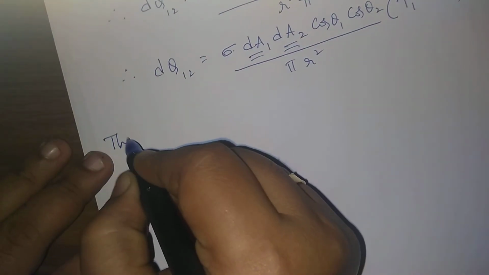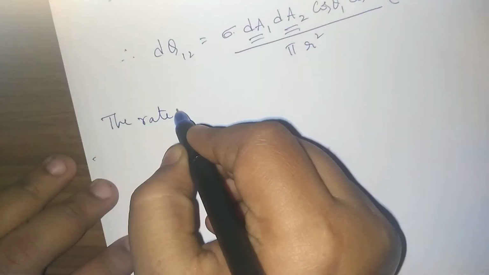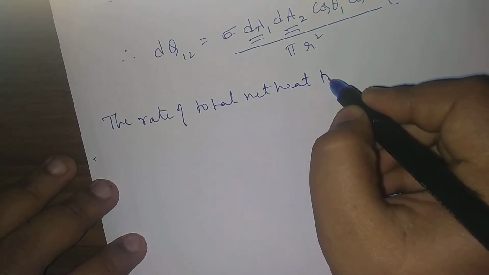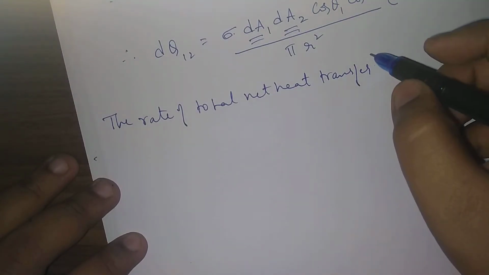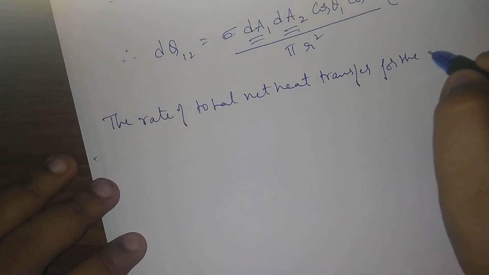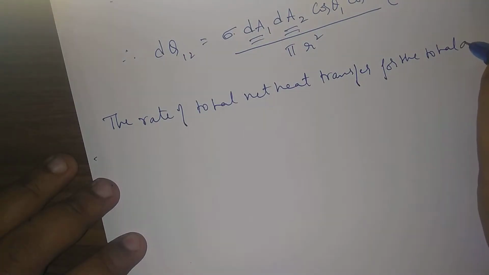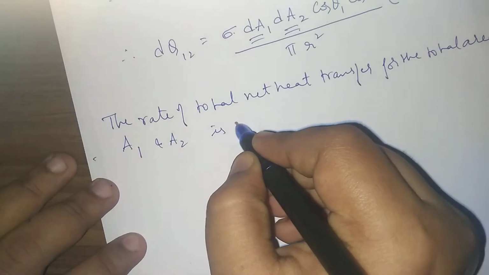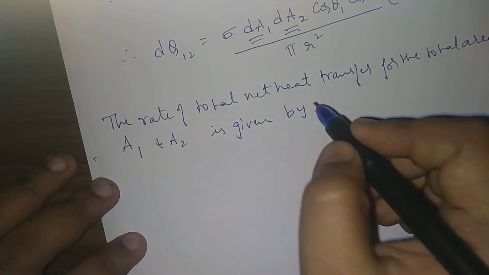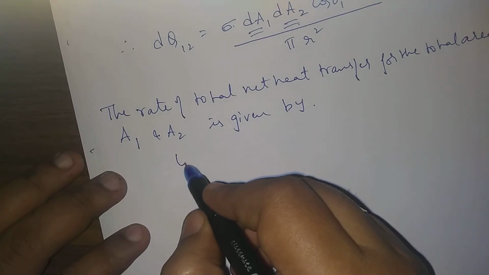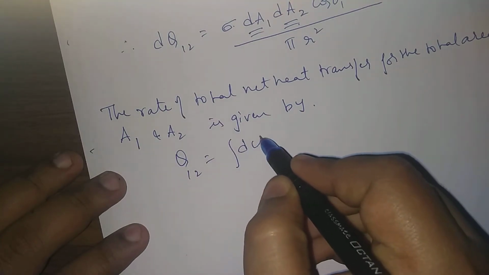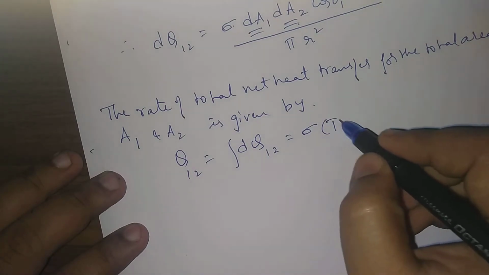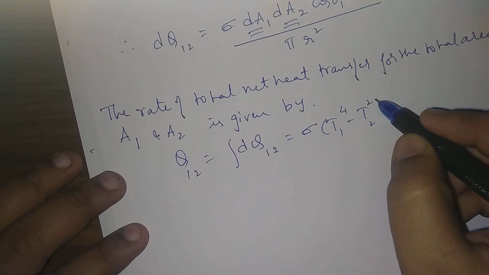You write it here. The rate of total net heat transfer for the total areas A1 and A2 is given by Q1 to 2, the integral of dQ1 to 2, which is equal to sigma times T1 to the power of 4 minus T2 to the power of 4.